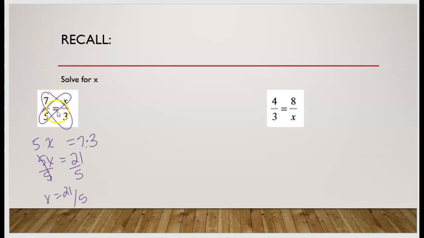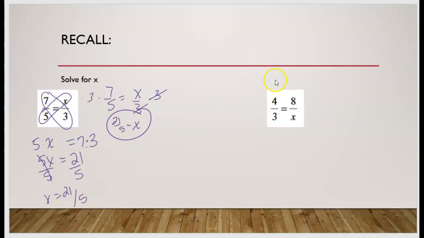Or, remember, you can solve it the traditional way. This is x divided by 3. Remember, the inverse operation of division is multiplication. So we can multiply both sides by 3. And you can see this will still get you 3 times 7 is 21 over 5. You get the same thing.